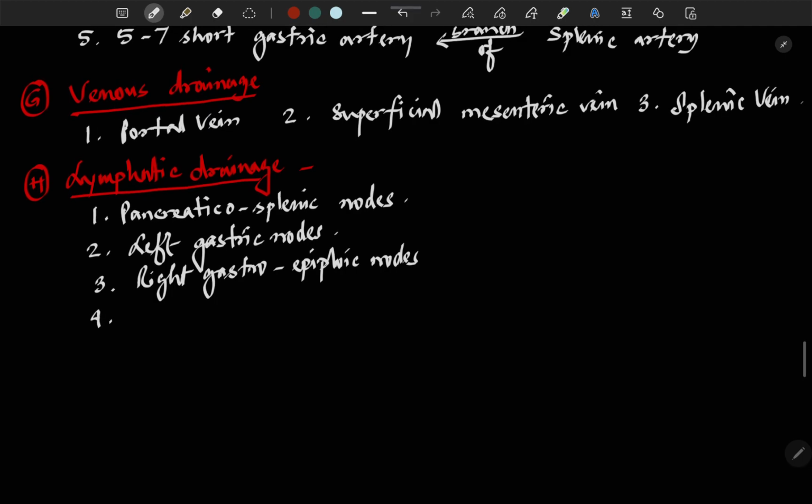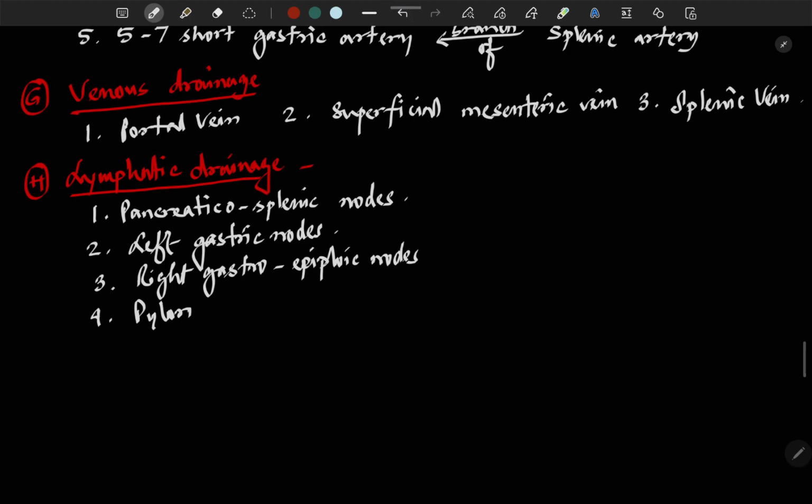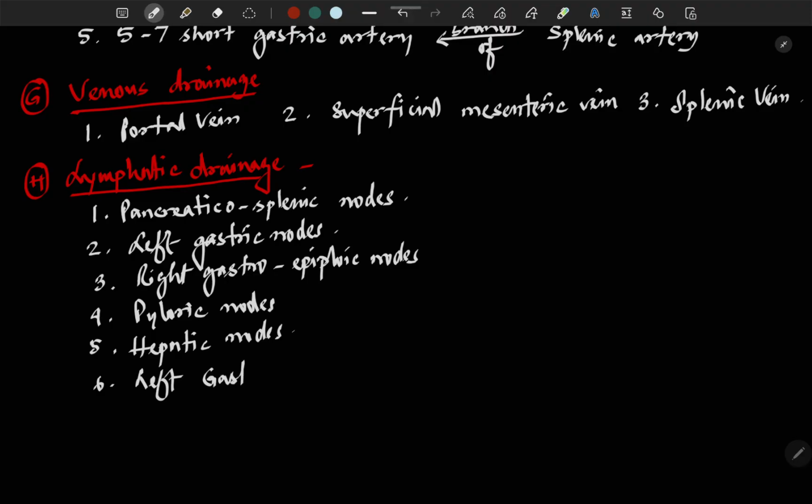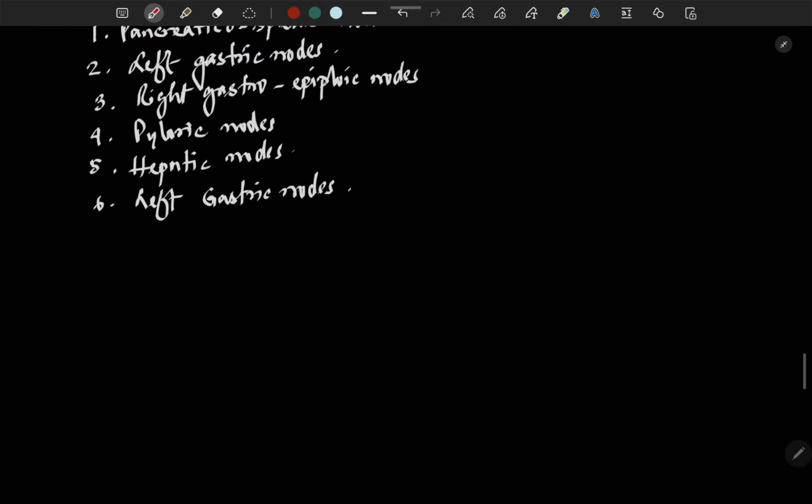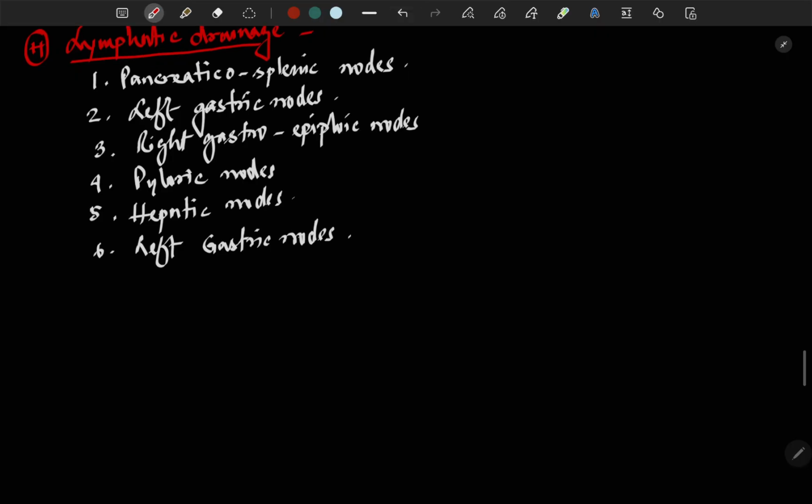Number 4, pyloric nodes. Number 5, hepatic nodes. Number 6, left gastric nodes. So these are the lymphatic drainage of stomach. Now we'll go to the nerve supply.